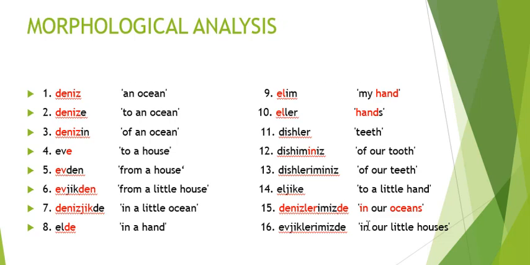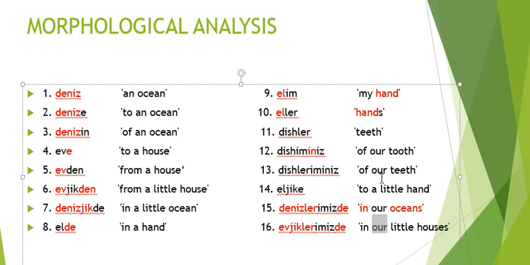We know that in Turkish is de. We know that little in Turkish is cik, right? We know that house in Turkish is ev, and we know that for plural houses, the plurality is marked using the morpheme ler. Okay, let's color it. And we see here that our is imiz.